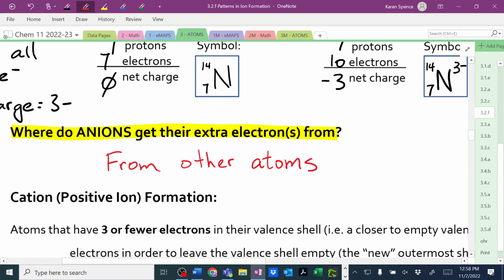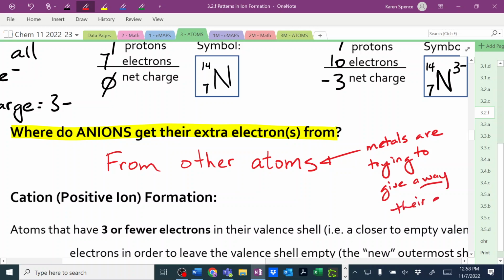Who is trying to give away electrons? Cations, those metals. Isn't that nice?